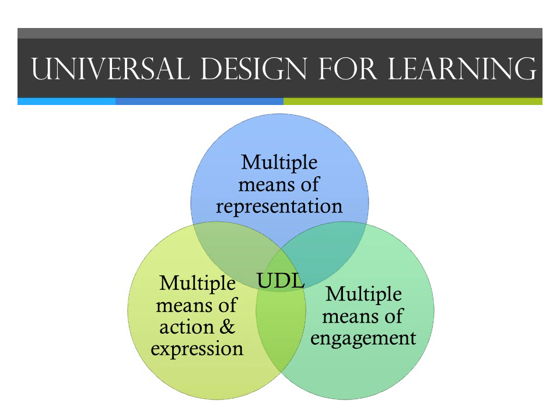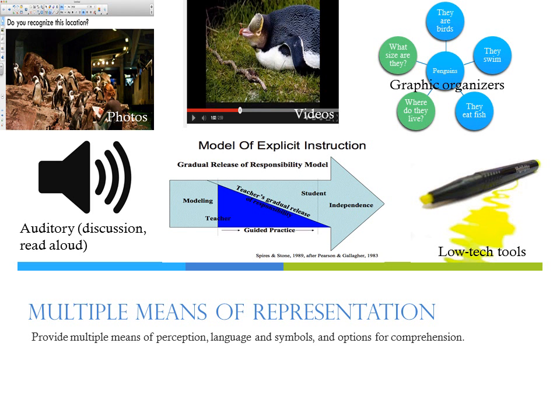My last section of this presentation is demonstrating the ways I have incorporated universal design for learning. This graphic illustrates the 3 principles of UDL: multiple means of representation, multiple means of action and expression, and multiple means of engagement.